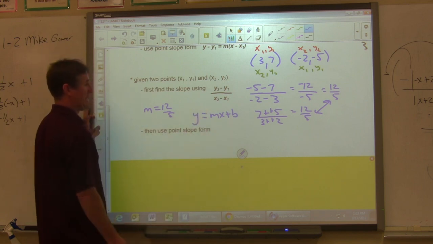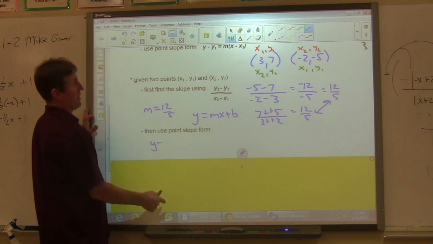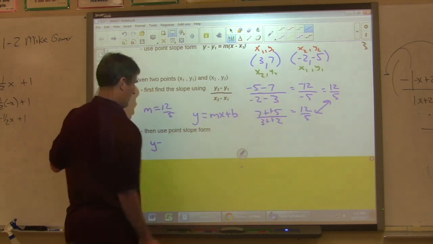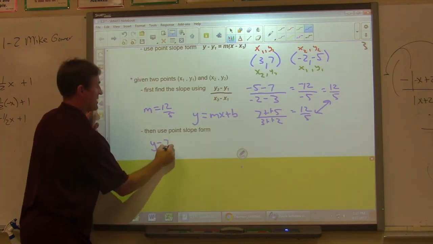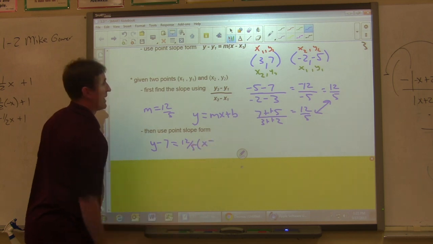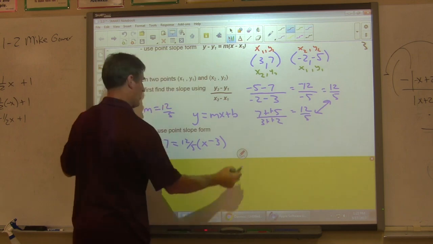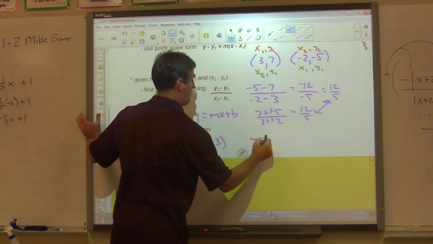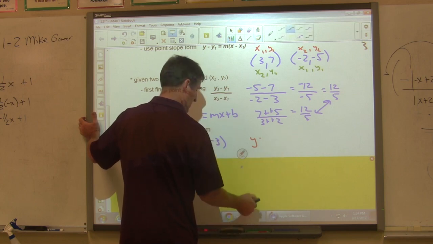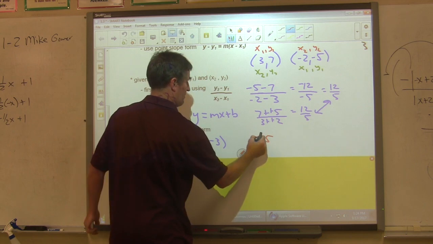But the easiest way again is to use point slope. So I'm just going to go y minus, and now I have my choice which one I use. I can use the 3, 7, so that would be y minus 7 equals 12/5 x minus x1, which would be 3. Or I could have gone y plus 5, because it's minus a negative 5.